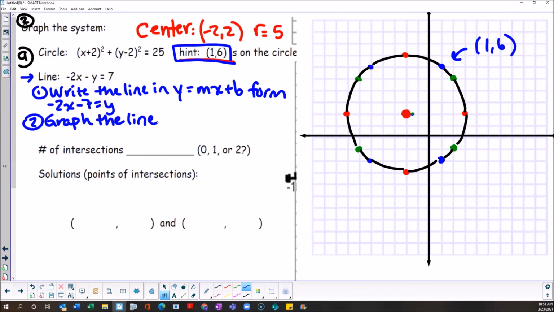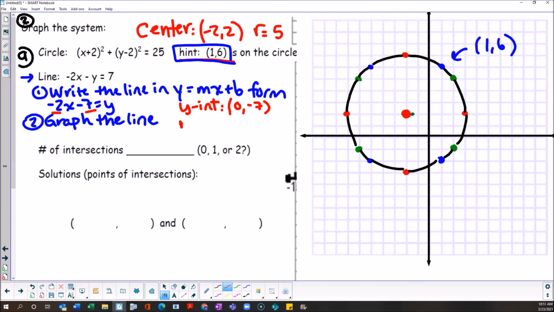So when I graph the line, I think the easiest way to do that is to start with the y-intercept, which is at 0, negative 7, right? Because I have negative 7 is my b, and the y equals mx plus b.